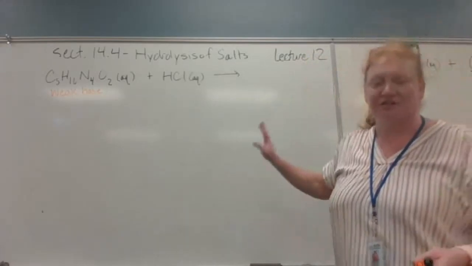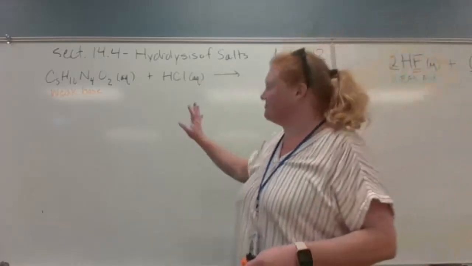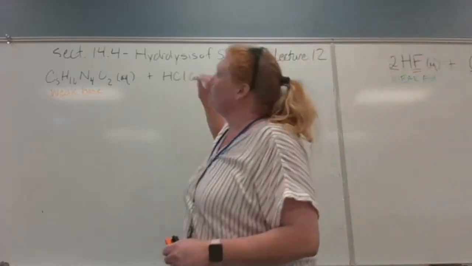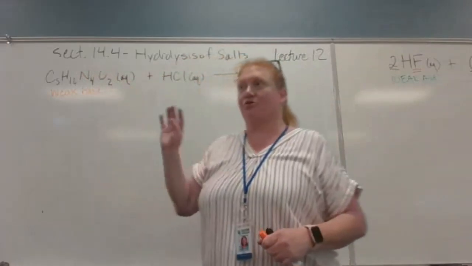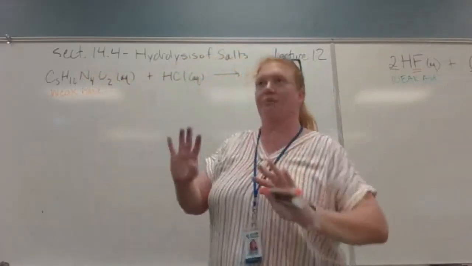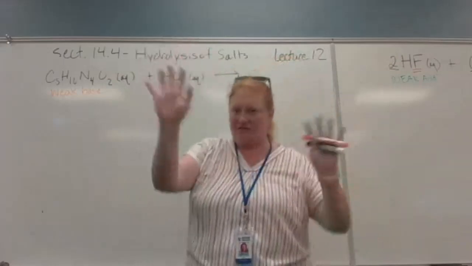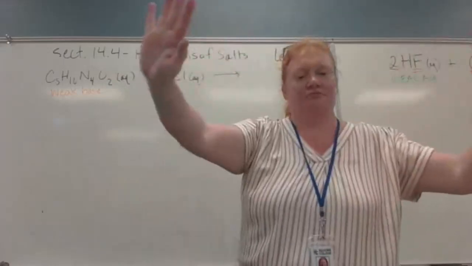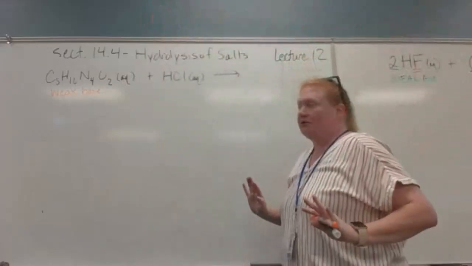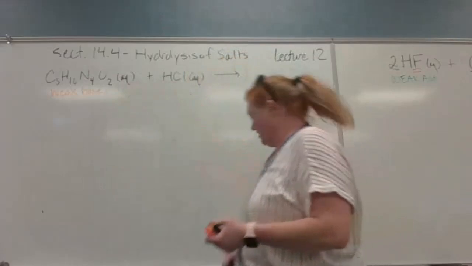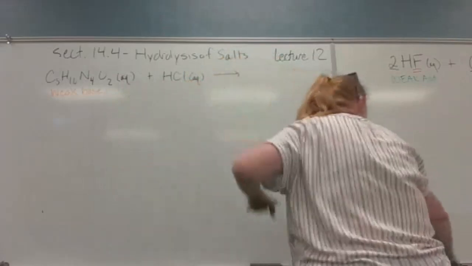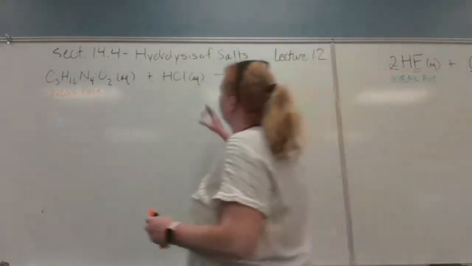This is a good example because it illustrates a point. With these equations, it's not always obvious that there's water being made as well, but there is. Here's what I want you to know. You know this is a base, and you know this is an acid. Is this a strong acid?